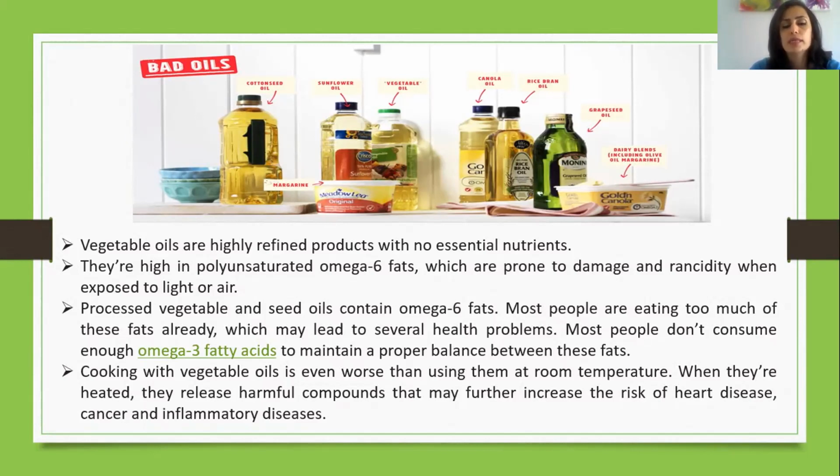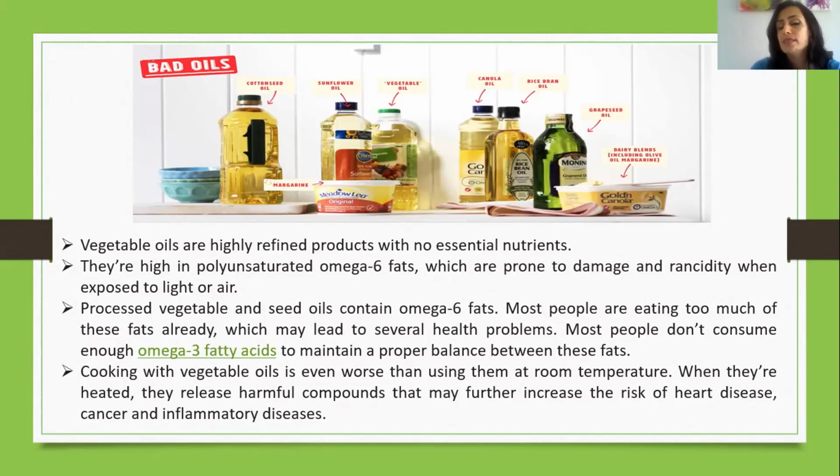So that is one reason that you should stay away from that, as well as observational studies found that women with the highest intake of omega-6 fatty acids and low intake of omega-3 fatty acids have about 90% greater risk for breast cancer than those who have more balanced intakes.